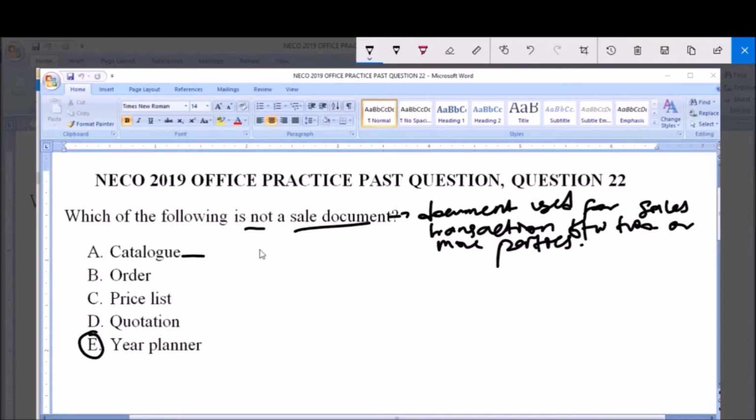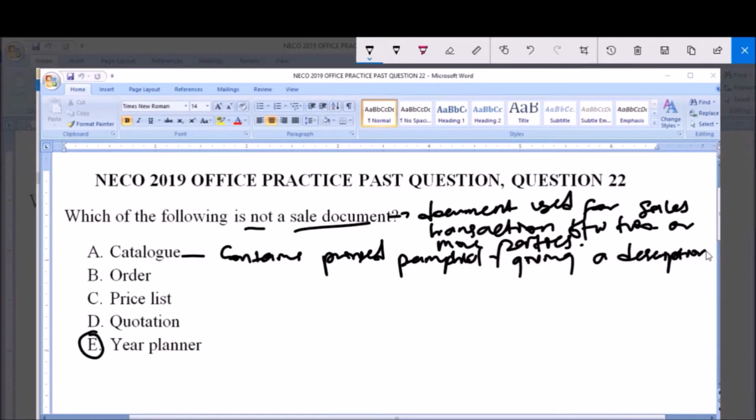So a catalog is a sale document because it contains printed pamphlets giving a description of goods offered for sale.